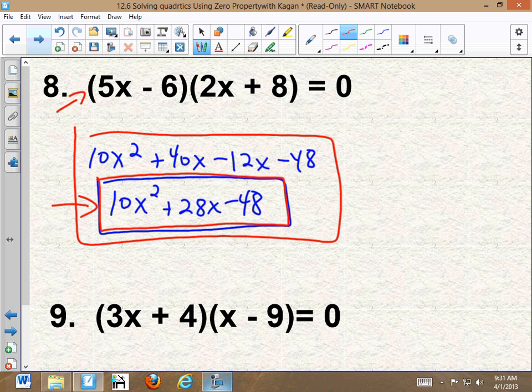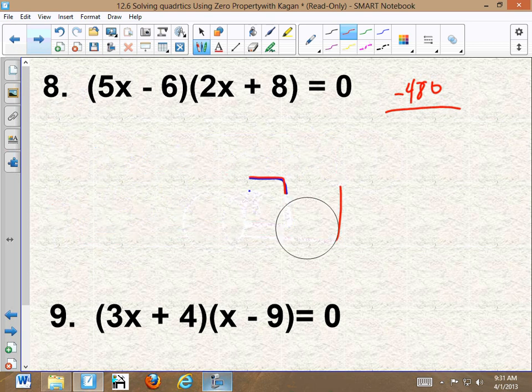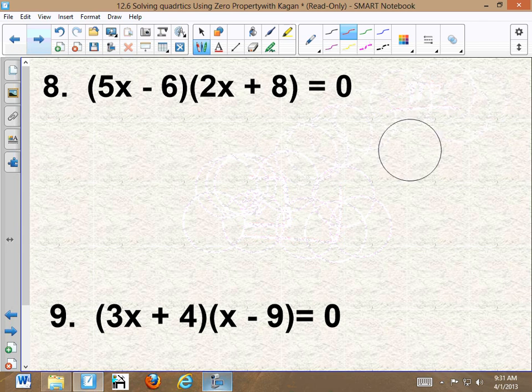That would be 10 times negative 48, which means they came up with multiples for 480, found which multiples, multiplied to 480, but add up to positive 28. Remember we did that? That's what they did. They did that for you already. And when they did that, they got 5x minus 6 times 2x plus 8.